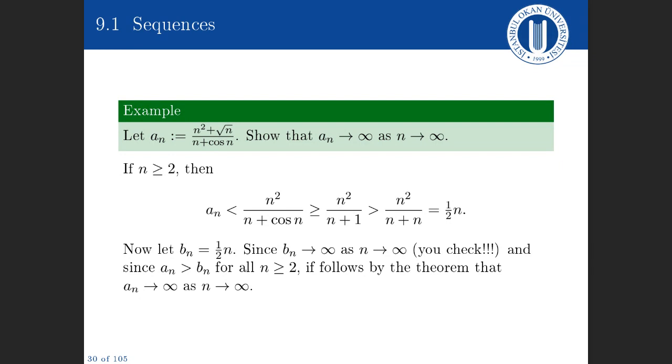First, we can show that there's a typo here. Yes, this is wrong. First, we show that an is bigger than a half n, but a half n we know tends to infinity, so by the theorem, an must also tend to infinity.